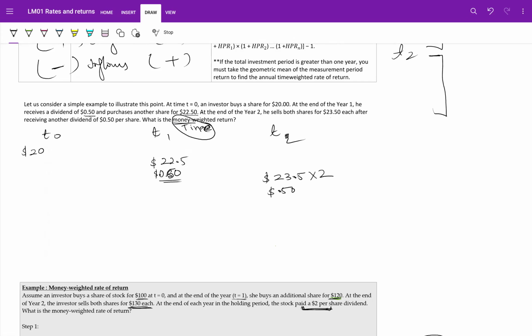At the end of 1 year, this $20 is now 20.5 because there is a dividend. So original plus dividend is included in here.